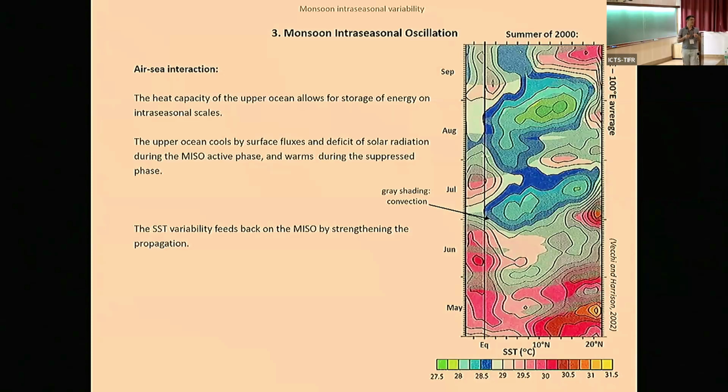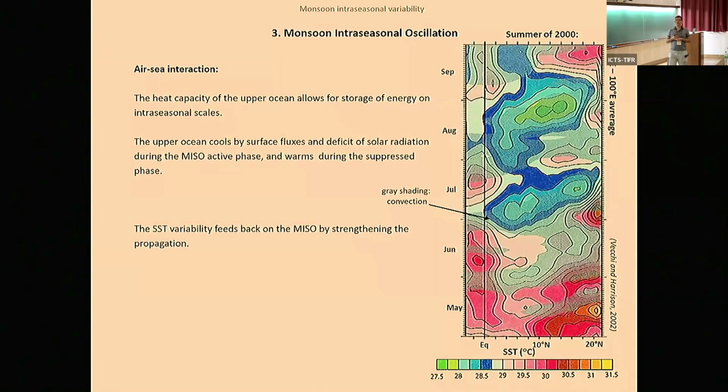You also have a mixing effect. That's both mechanical and a buoyancy in the ocean. So you actually deepen the ocean mixed layer. So you entrain more deeper ocean water that also cools the oceanic mixed layer. So you will have warmer SSTs before or north of your intraseasonal MISO rain band, and you'll have cooler SSTs behind, which means that it also helps structure the northward propagation or the poleward propagation.